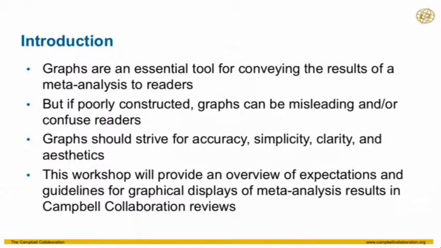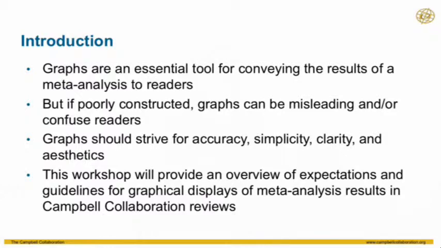So overall, any graph that you create for a systematic review or for your primary research should strive for accuracy first and foremost, of course, but simplicity cannot be overstated, clarity, and really good aesthetics. I think it's this last one that is really difficult for many of us who are researchers, and we may not be trained in how to make an aesthetically pleasing graph, but that's just as important for conveying that information to your readers.